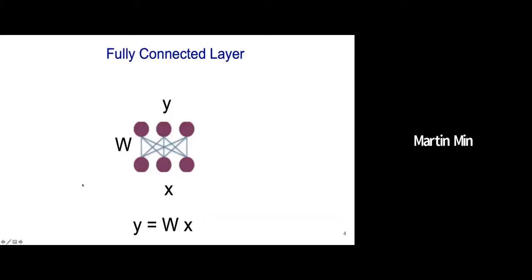One specific architecture of the deep neural network is called the fully connected layer. In a fully connected layer, all the units in this layer will be connected to all the units in the layer above. So you see, everyone is connected to everyone.